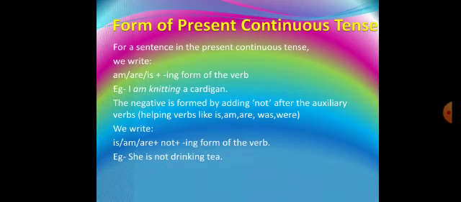I am knitting a cardigan. To form the negative, we use not, like is, am, are plus not plus the ing form of the verb. For example, she is not drinking tea. Here we have used is plus not plus drink, which is the root form of the verb, and I have added ing to it to make it present continuous.